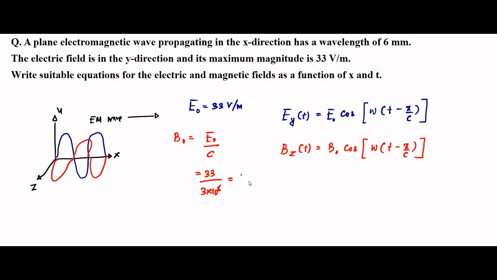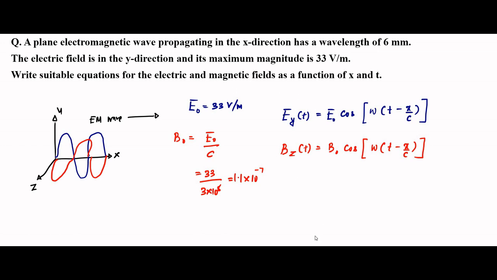Actually it is 1.1 into 10 to the power minus 7. Okay, this much. And this is the B0 value.